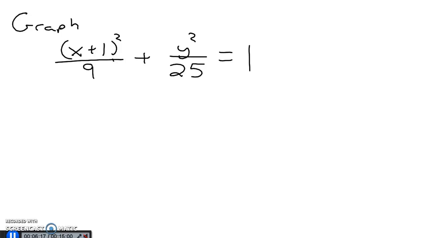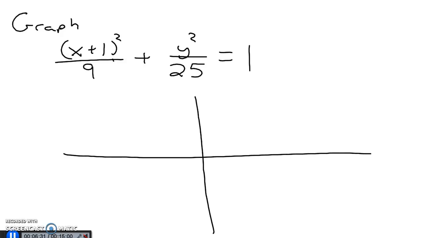Now, we could graph this ellipse from this equation. We'd be able to see when we go ahead and set up axes that its center is at (-1, 0). So we have here y minus 0 squared, which, go ahead and subtract 0.